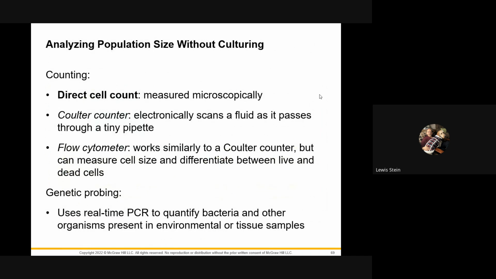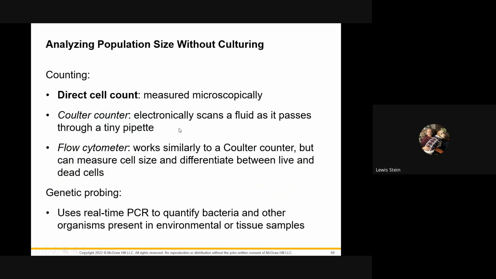Other ways. In the old days, and when they probably developed this curve, they did what are called direct cell counts. You'd have a slide with a grid, and you'd count, and you know how big the grid was and what the volume was, and you plug it into a formula.